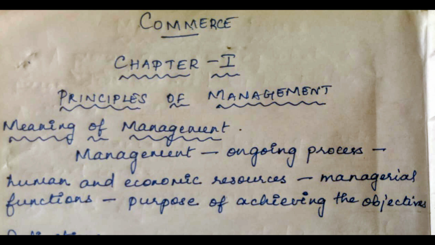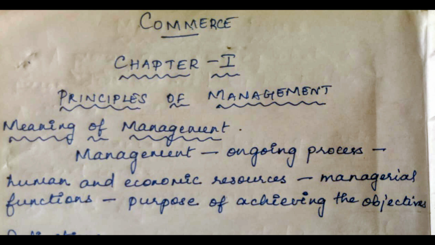What do you mean by objectives? Objectives means, if you want to run a company, what will be your main goal or main objective? To increase your sales volume or to increase your profit, right?